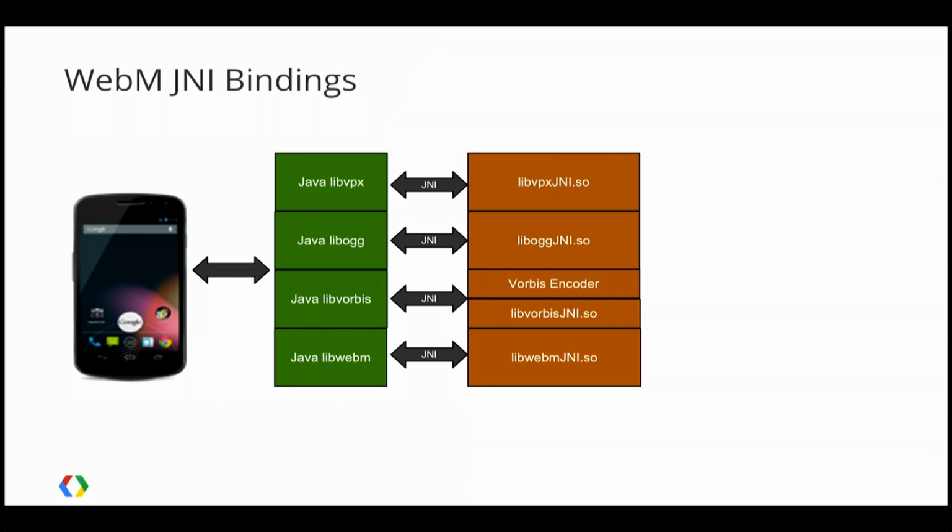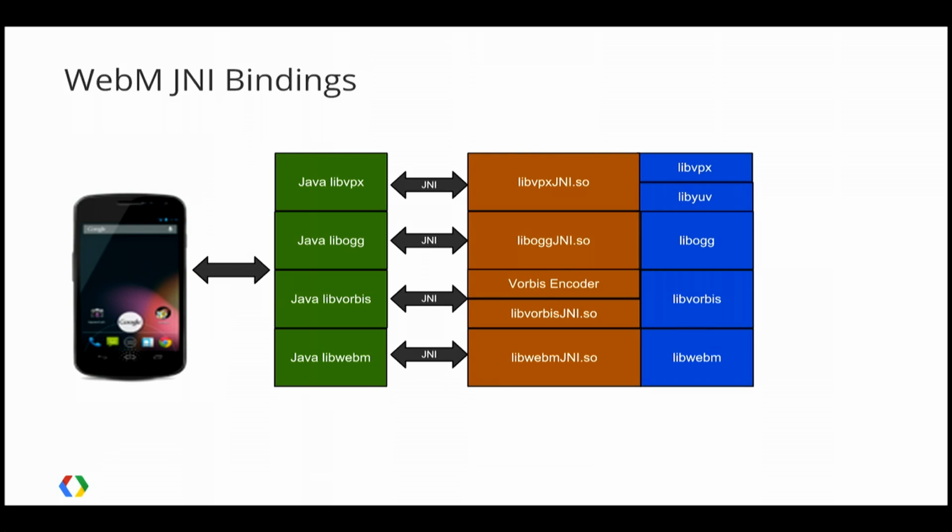Most of the code in the orange box is just a pass-through from the Java JNI bindings to the C++ open source projects. There is a Vorbis encoder object class that makes it easier to add Vorbis encoding. It also has some specific functions for Vorbis with regards to WebM files. And all of the code in the green and orange boxes is what comprises the WebM JNI bindings.